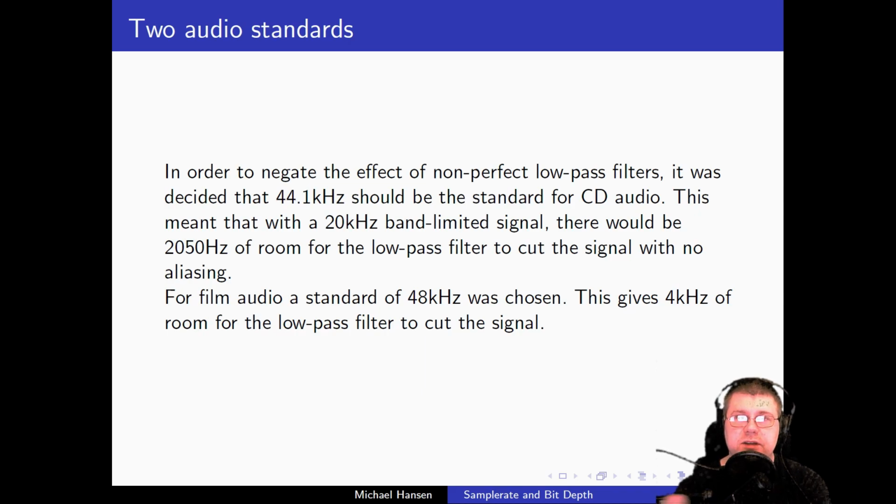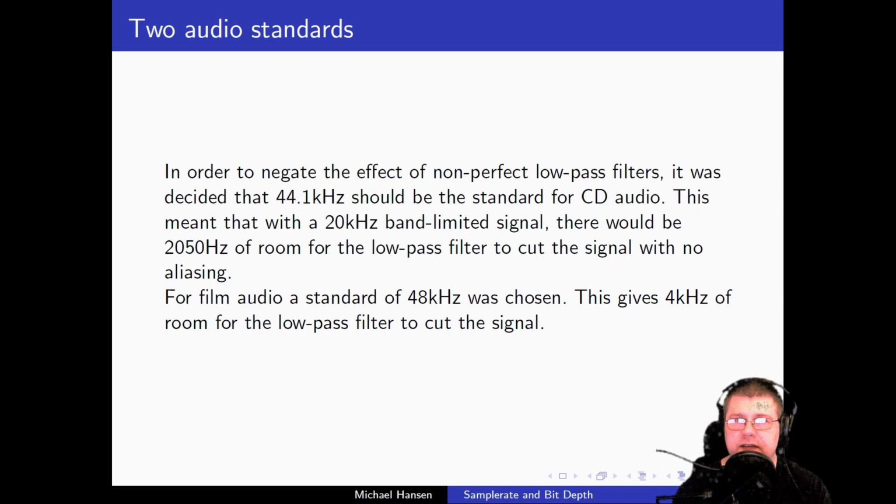And as you increase in frequency, you'll get more and more of these frequencies that pop up that will distort the signal. That is what is called aliasing. So in order to negate this, the standard was 44.1 kilohertz, so we could have room to cut off with these non-perfect low-pass filters.